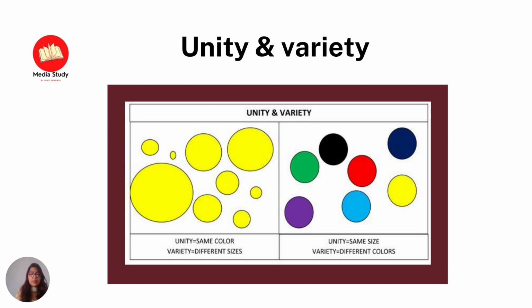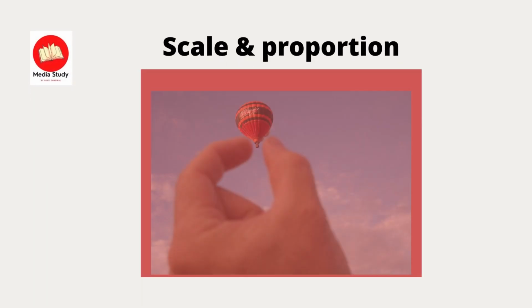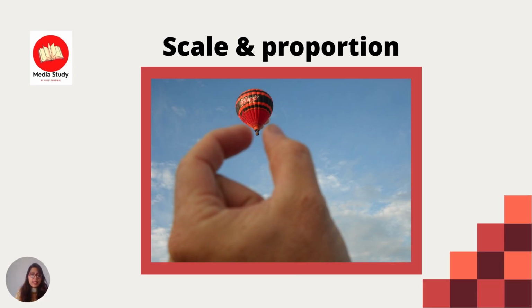The very second principle that we have is the principle of scale and proportion. You all can notice in this image, we are having the main subject, right? The one that is the balloon, the air balloon that we see. While if we see the second element, that is the hand, which is having a bokeh effect, or it is blur, right?